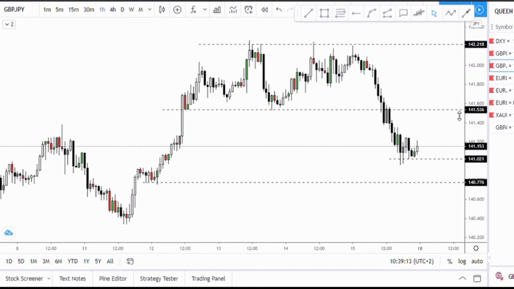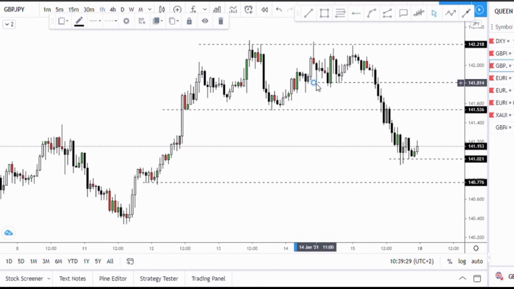Price is in a range right here. This is a range. So if price had broken and gone down, created a new low, and then price came back all the way up and closed back into the range, then I would expect price to at least continue going up to maybe this area, this resistance.